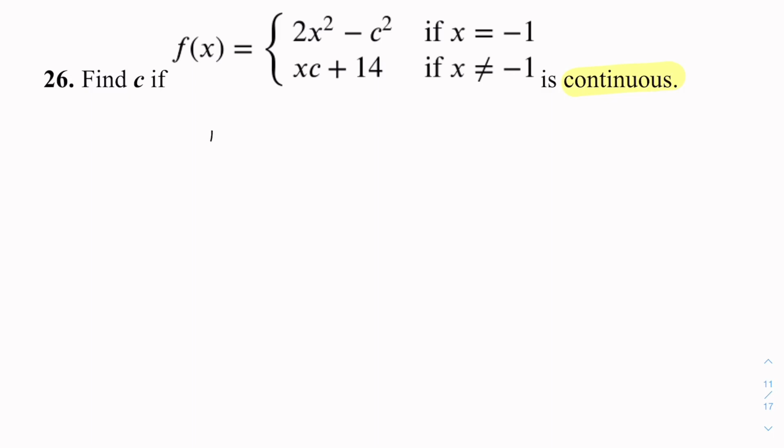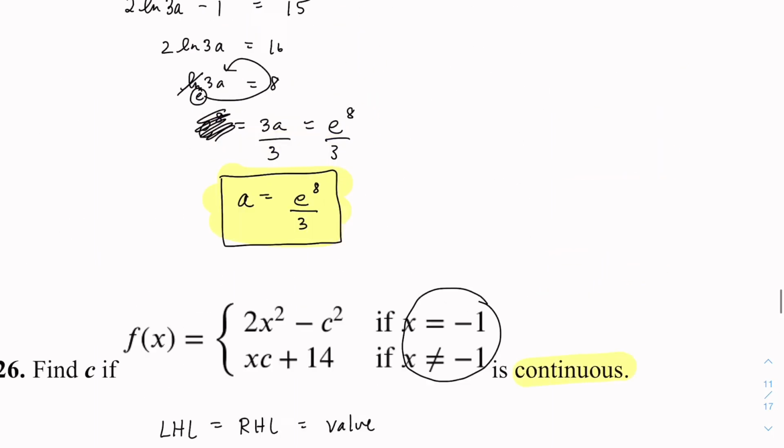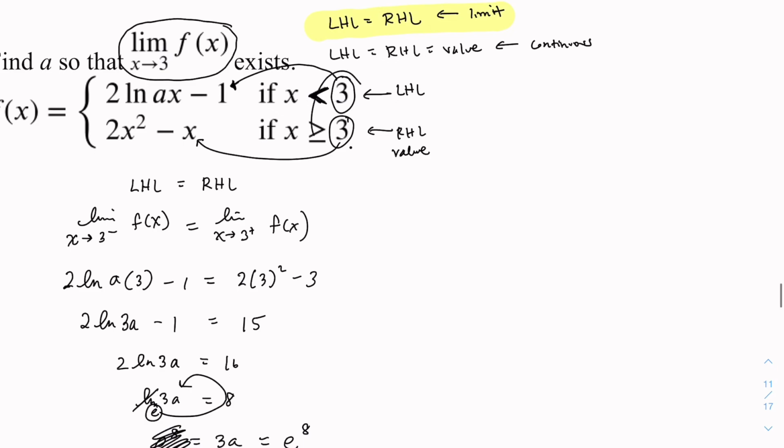So if you remember your definitions, continuity requires that the left-hand limit equals the right-hand limit equals the value. If we want to write this mathematically, then we need to say limit as x approaches, let's see, this time our possible breakpoint is at -1. By the way, notice that you're always plugging in that potential breakpoint.